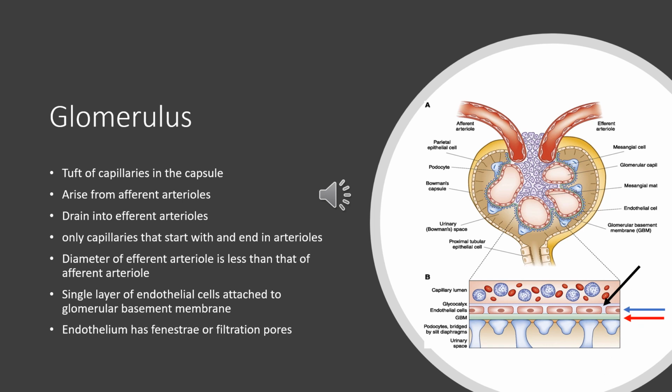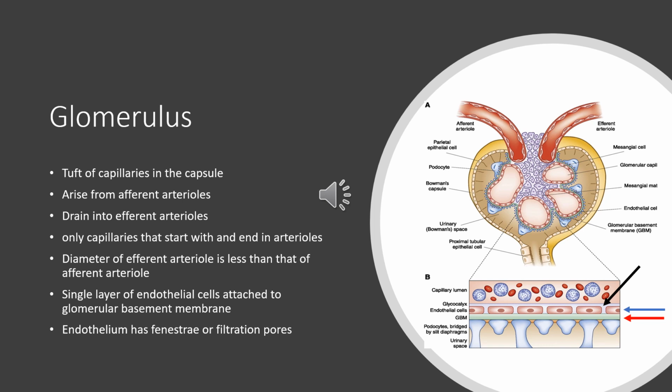So what is a glomerulus? Glomerulus is a tuft of capillaries located in the initial dilated cup-like structure called Bowman's capsule. This glomerulus is formed by the capillaries that arise from afferent arterioles, and these glomerular capillaries drain into the efferent arterioles.